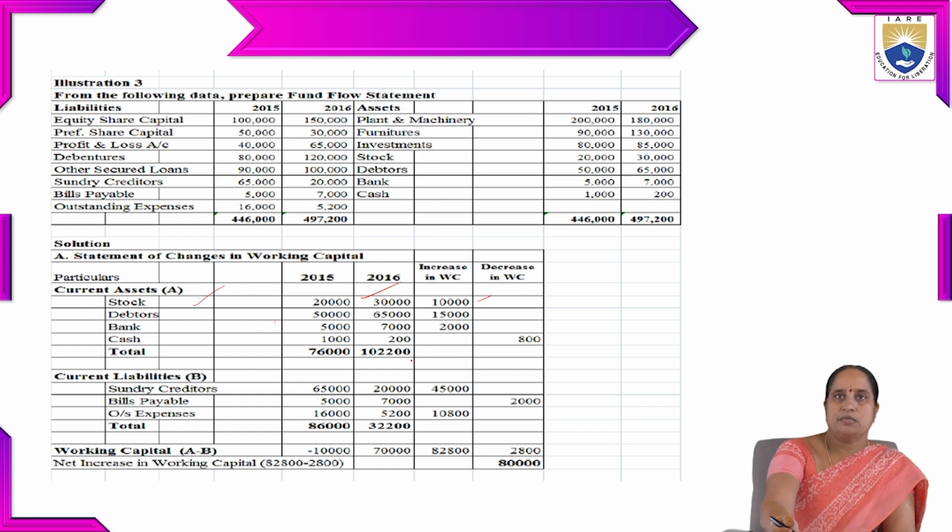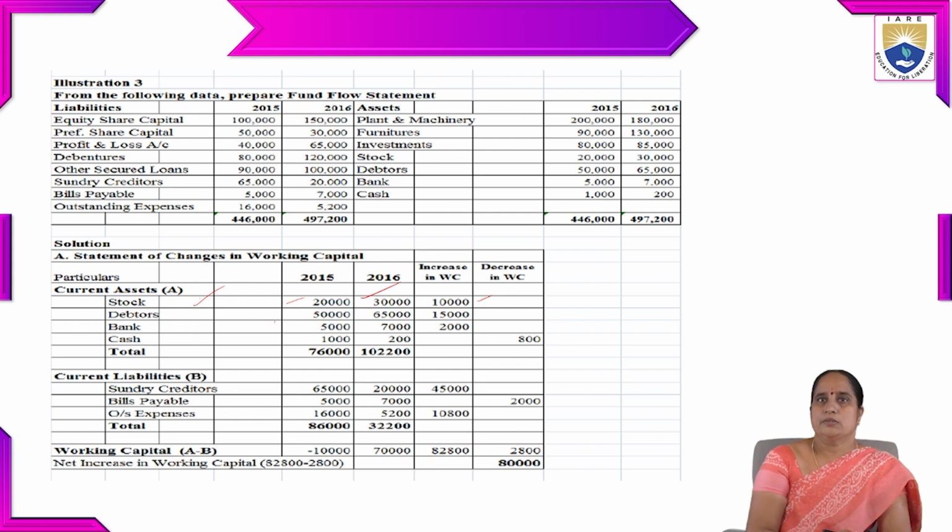Just find out whether there is an increase or decrease by comparing these two values. Accordingly, if you observe stock in 2015 and 2016, there is an increase of 10,000, debtors 15,000, bank 2,000. Whereas coming to cash, in 2015 we have 1,000 cash, whereas in 2016 it decreases to 800.